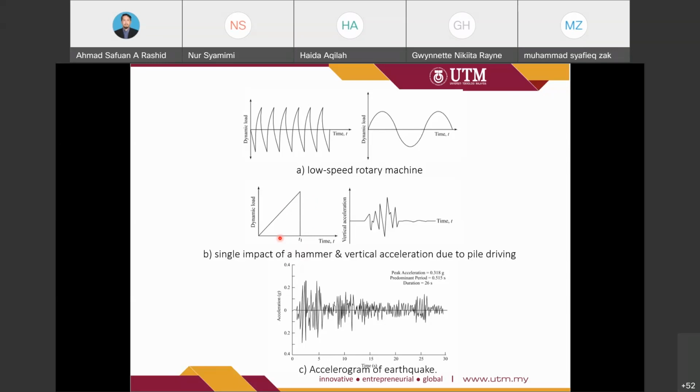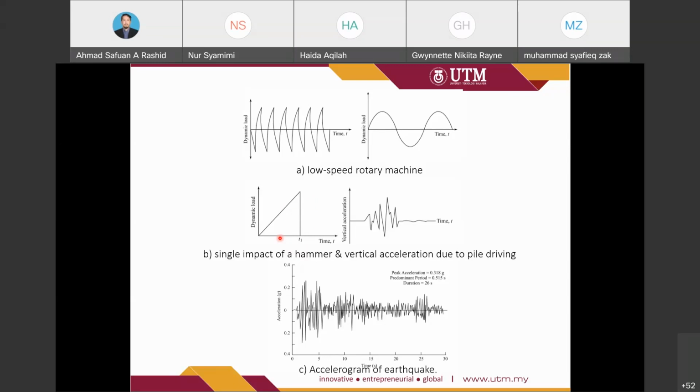The last one is the accelerogram of an earthquake. This is the earthquake acceleration, normally measured in gravity force.